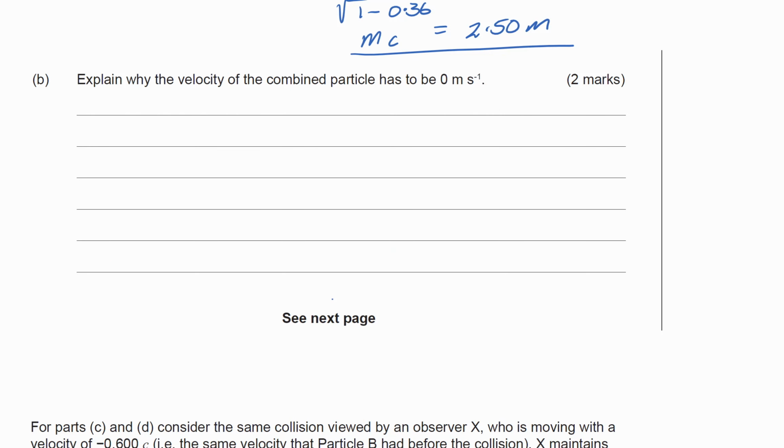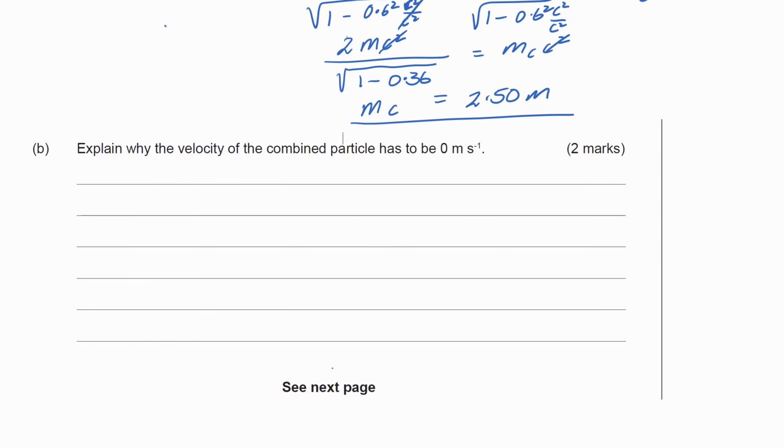Part B. Explain why the velocity of the combined particle has to be 0 meters per second. So this will relate to the conservation of momentum, of relativistic momentum. Okay, so write an equation if you can.